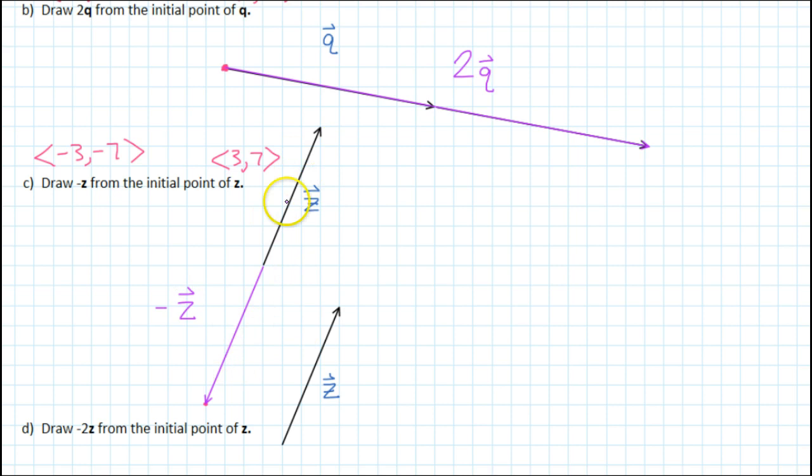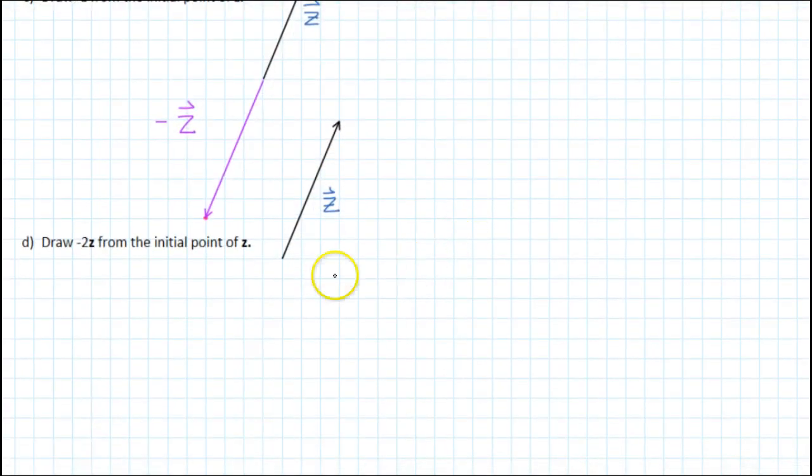Notice that it goes in the exact opposite direction of vector z. And then for part D, I'm supposed to draw negative 2z. Again, keep in mind that vector z is the vector 3 comma 7, so the vector negative 2z is going to be negative 6 comma negative 14.